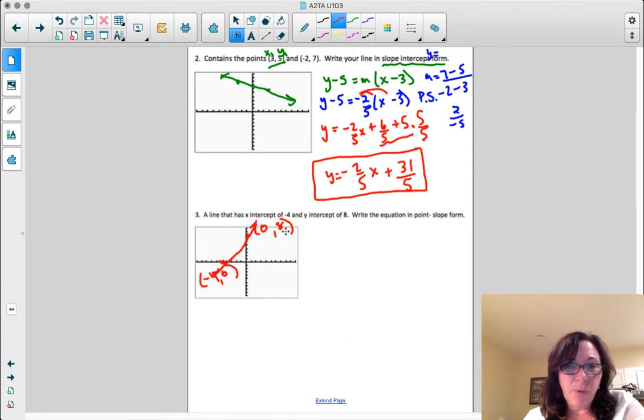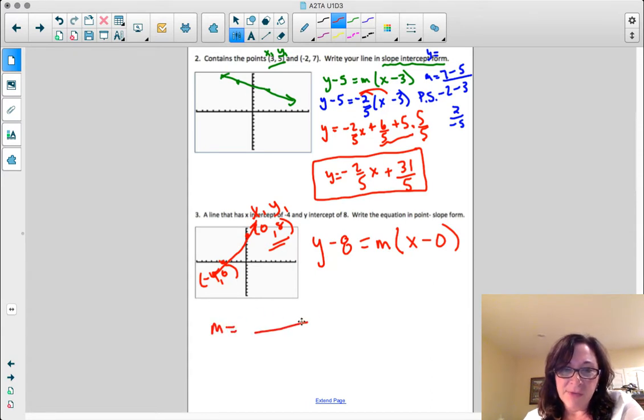So pick a point. We can choose this point right here, and I'm going to choose that x1. Here's my y1. So I go y minus y1, which is 8, equals my slope, not sure what that is yet, times x minus 0. And in order to find my slope, I can use my slope formula, the difference of my y's over the difference of my x's.